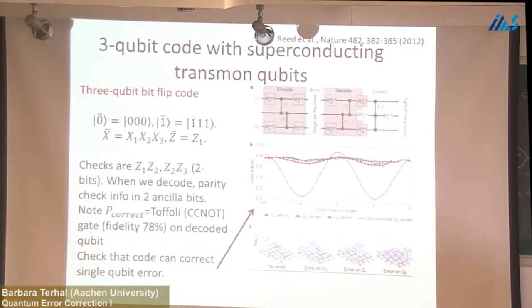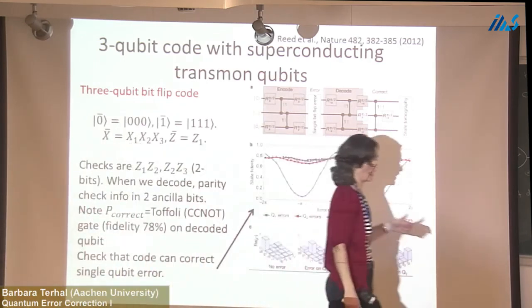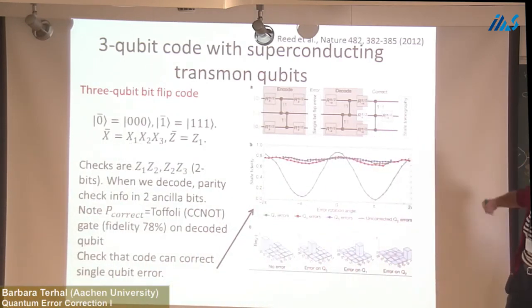So I have 0 psi 0, and if I do a circuit like this, then this is the logical psi, if I'm using these code words. Because if I write alpha 0 plus beta 1, this becomes alpha 000 plus beta 111. And then they have some single bit flip error, which they actually purposefully do.